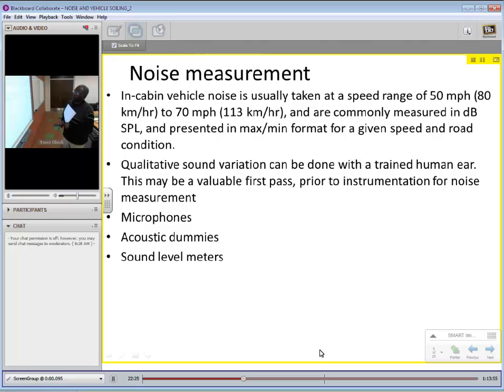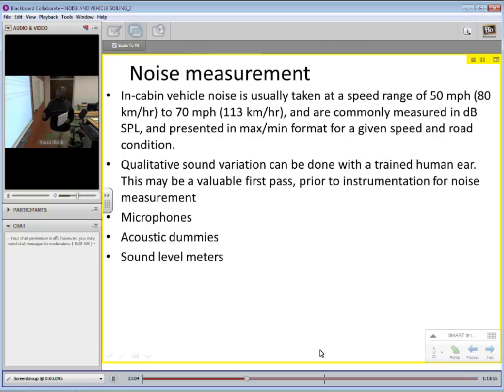Those who have experience with it are usually a good asset, especially in high-quality vehicles where quietness of ride is highly desirable by the customer. A trained human ear is an asset as a first pass before beginning measurements to find sources of noise.